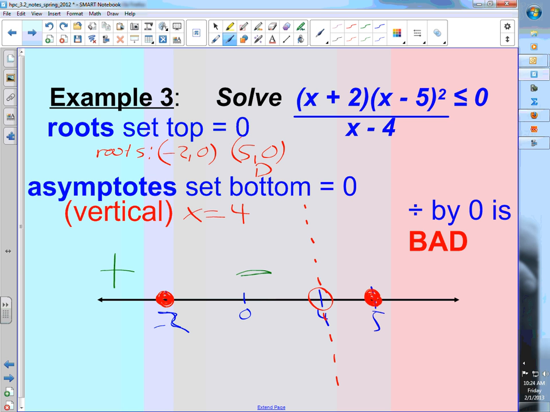Between 4 and 5, 4.99999, I'm going to pick 4.5. 4.5 plus 2 is positive. 4.5 minus 4, positive. That interval is a positive. And then the last one, you put 10: positive, positive, positive, positive.